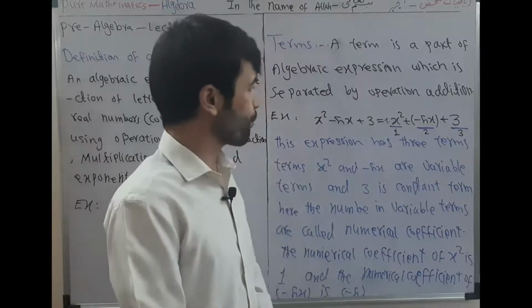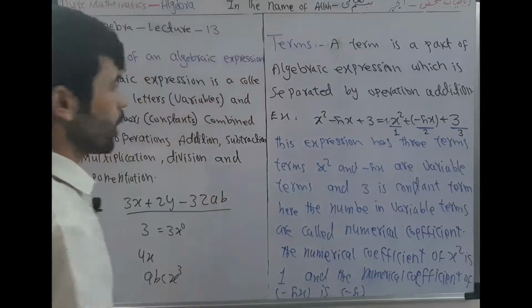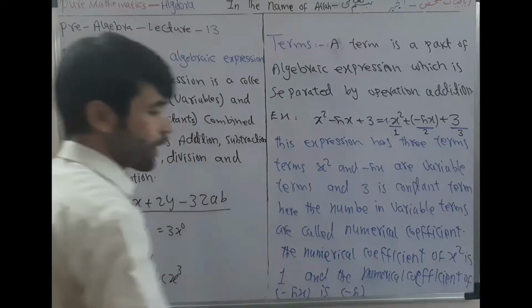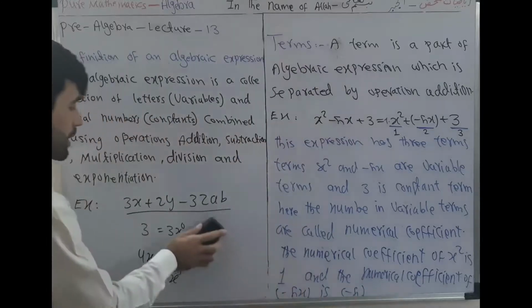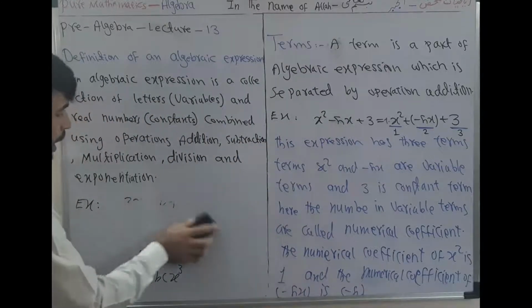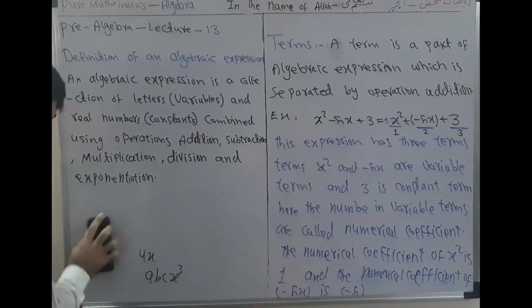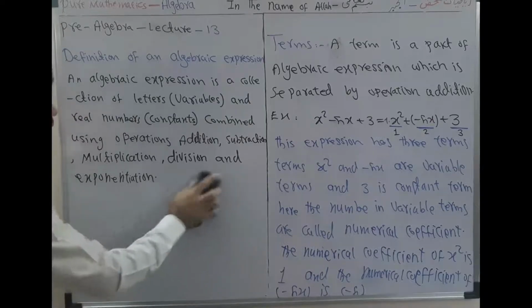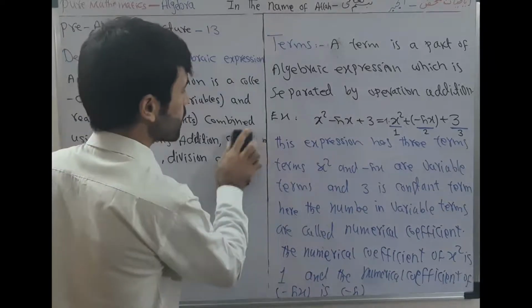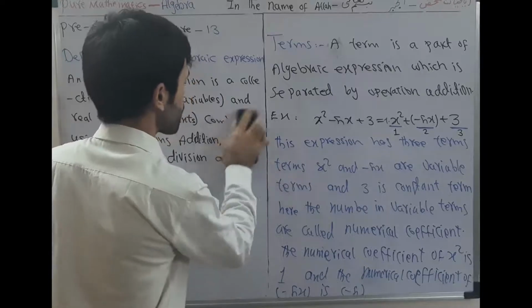It was the lesson of this lecture 13. Here we want to write some examples of terms, but we will explain this kind of algebraic expression more clearly in the polynomial part.